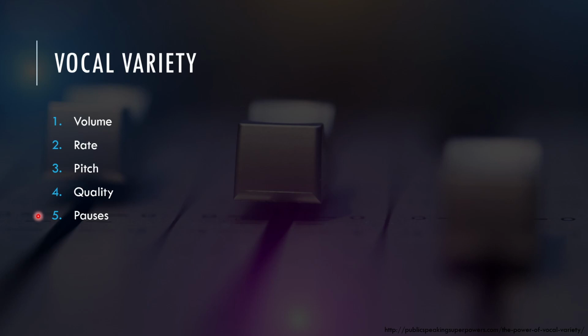Then pauses are very powerful. Now, you utter a part of a sentence and the final, most important one, you deliver after a pause, like I did just now. So, volume, rate, pitch, quality, and pauses are the five tools in vocal variety.